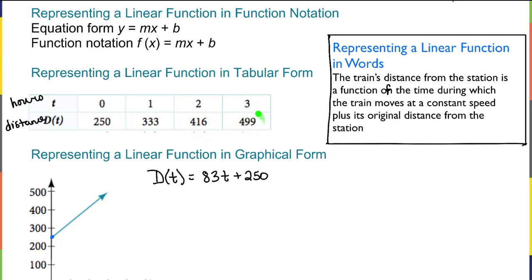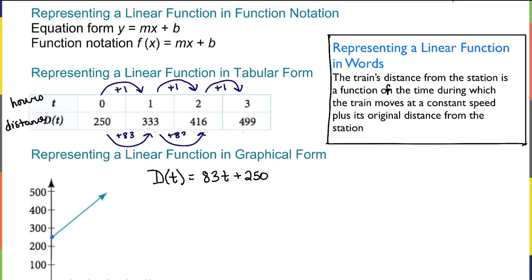After 3, it's 499. How can we tell that this is linear? These points are going up at a constant rate. We're adding 1 each time to the t's. The y's are going up at a constant rate as well. I believe it's going up 83 every time.